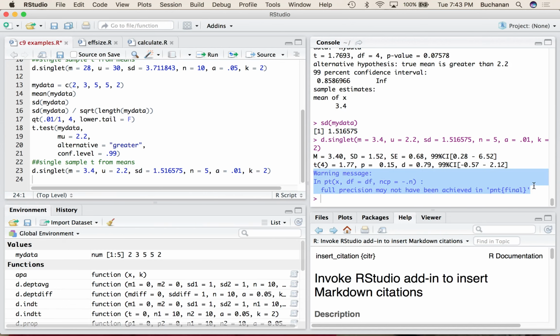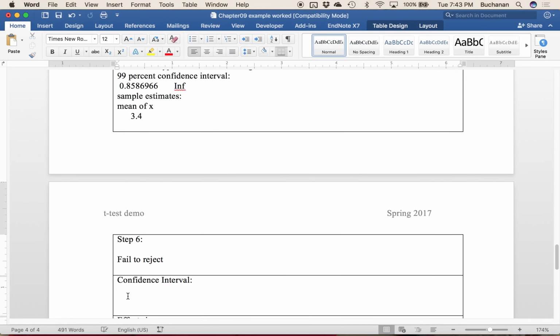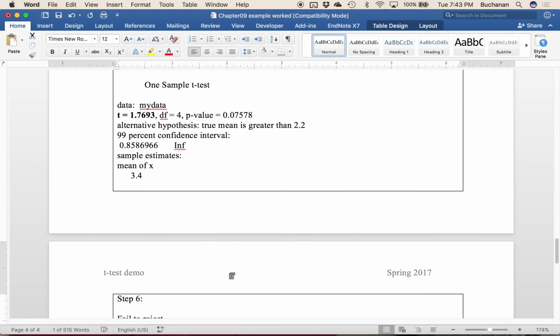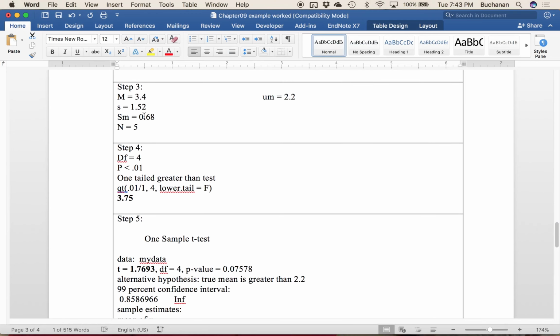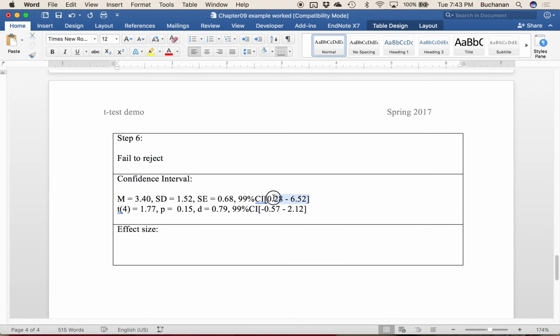I'm going to ignore this warning message because that's based on confidence intervals for the effect size, which we're not too worried about. I'm going to check my standard error is 0.68, so I got the same number I got up here. Good. Here's the confidence interval for that mean. So it ranges from almost no times falling in love to almost 7 times of falling in love. Here's our effect size, and so it's a large effect.